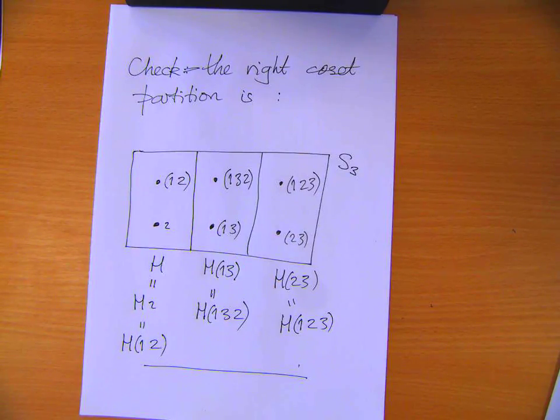And that's a very special kind of subgroup called a normal subgroup. But we are not going to have time to get on to normal subgroups. That will be the start of a second course on group theory. But some subgroups are very special in that the left coset partition is the same as the right coset partition, and they're called normal subgroups. So this is not a normal subgroup because we've got two different partitions.